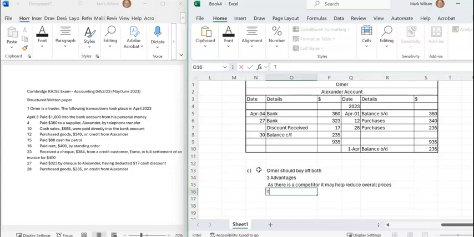Tahir may have different stock, and also Tahir gives what sort of discount? 3%.